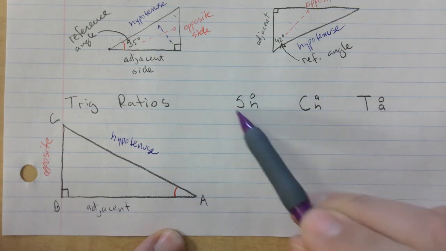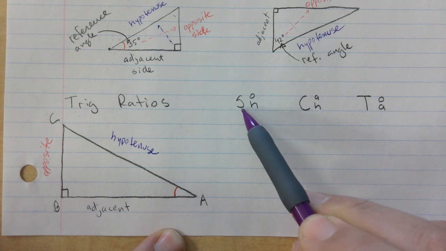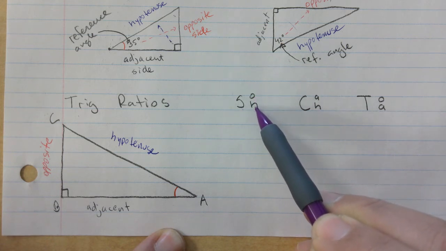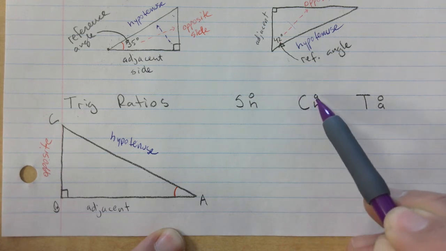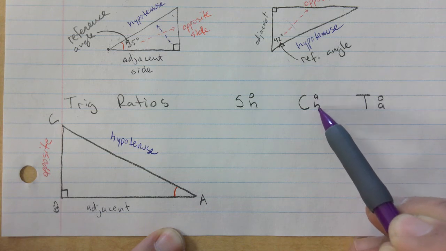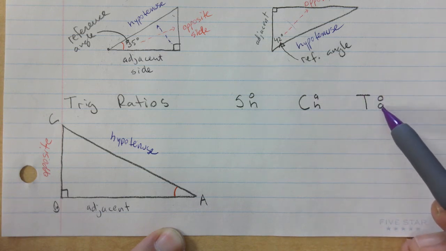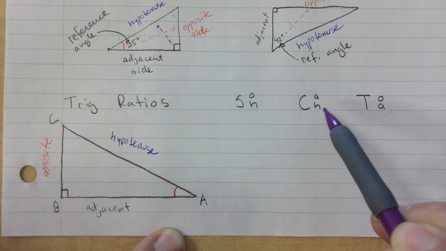This is just helping you remember that if you're going to be using sine, you need to have the opposite on top and the hypotenuse at the bottom. Cosine requires the adjacent at the top, the hypotenuse at the bottom. Tangent, opposite and adjacent. Notice that tangent does not have the hypotenuse as part of it. Sine and cosine do.